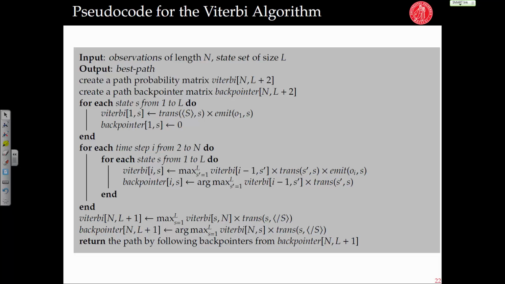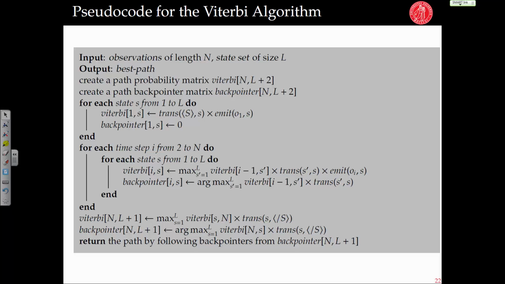And we also have the same for a back pointer matrix that keeps track of the path we take to find the maximum probability at each state. We have a for loop to initialize. That's the trivial part that we did in the first step, which is basically a multiplication of the transition and emission probabilities, because we don't have other ways to come to the first state, the first column.